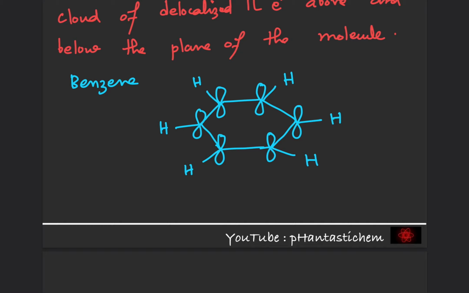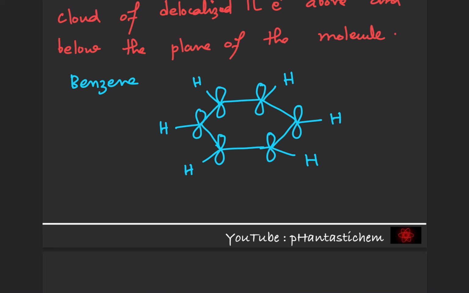Each carbon of benzene has an unhybridized p orbital. So these are the unhybridized p orbitals of each carbon. And these 6 unhybridized p orbitals have 1 electron each.